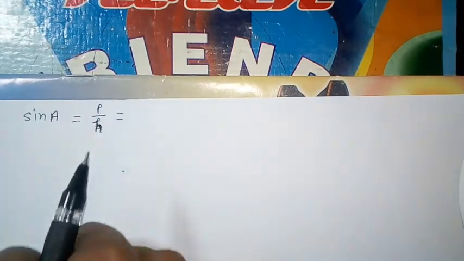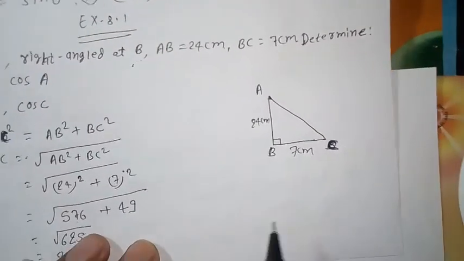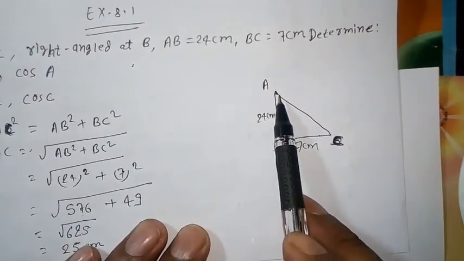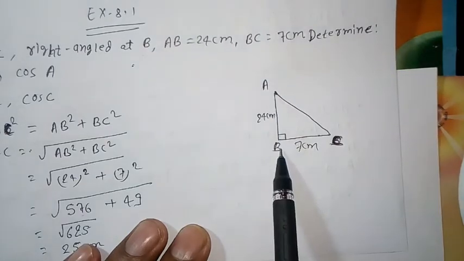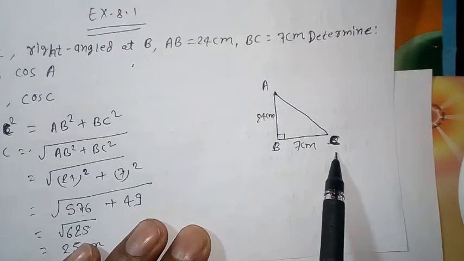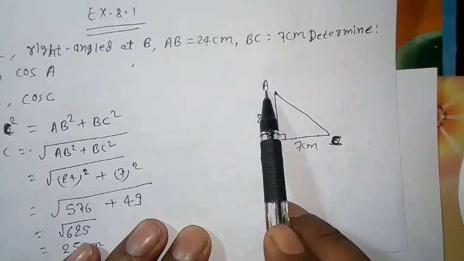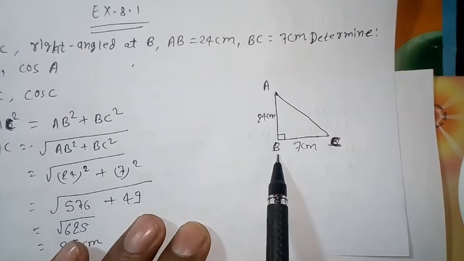Now in figure, for angle A, perpendicular is BC, okay, and AB is base.